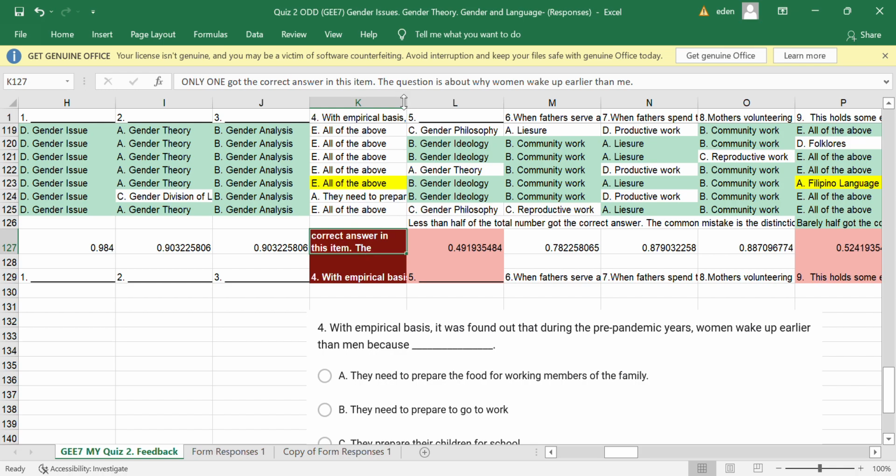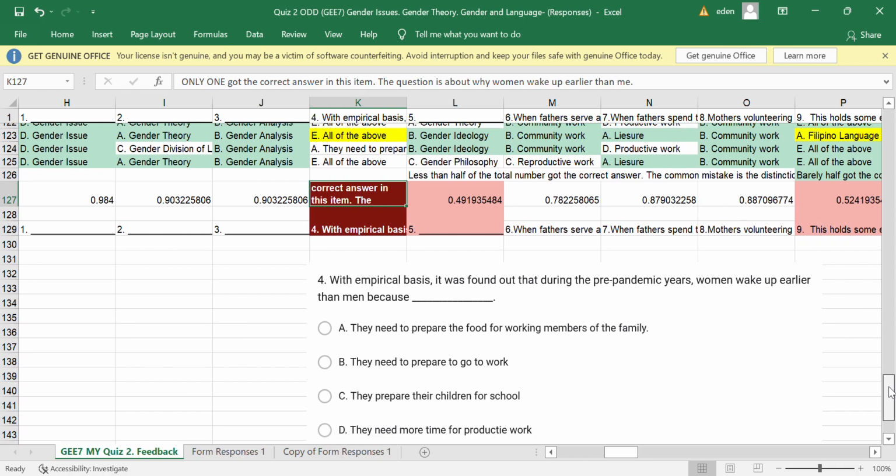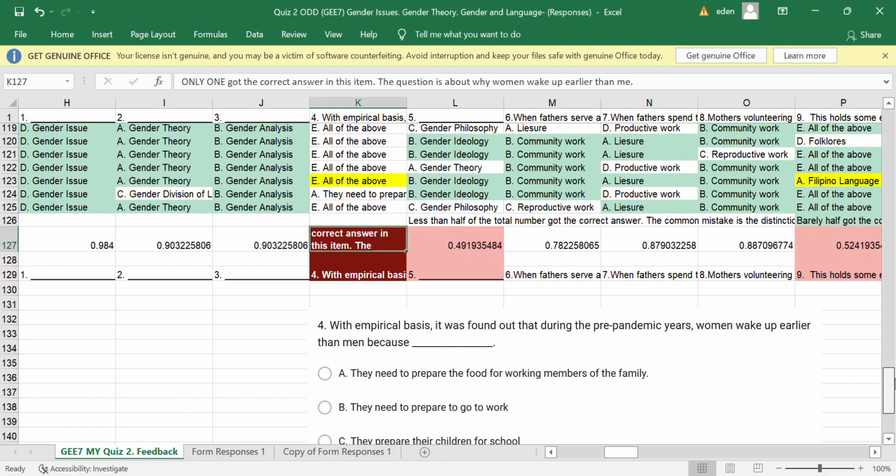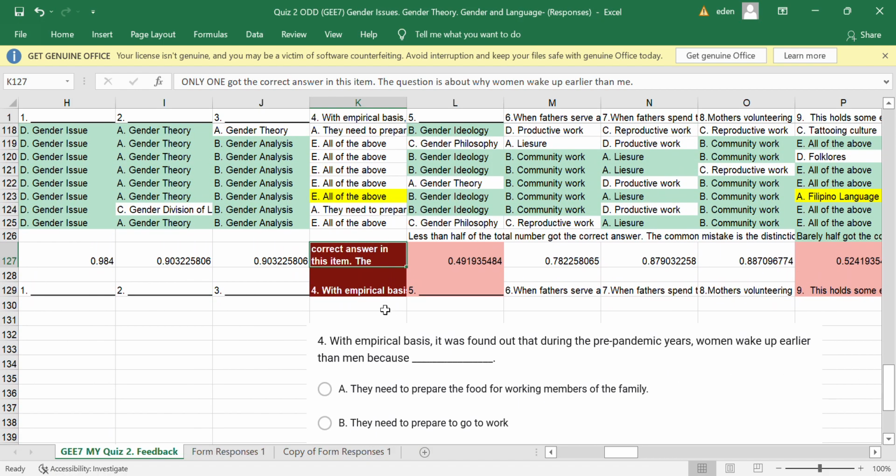The question is about why women wake up earlier than men during the pre-pandemic period. I have discussed that during one of my lectures, and we connected that to the fact that I also pointed out that the data shows that 60% of the mothers are unemployed.